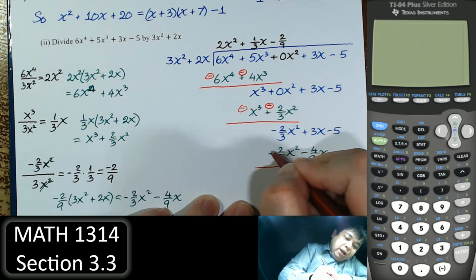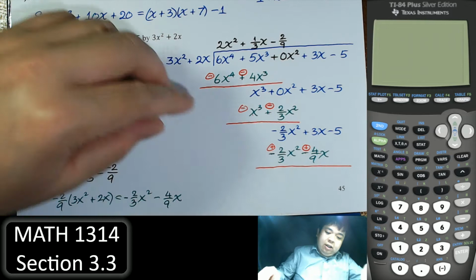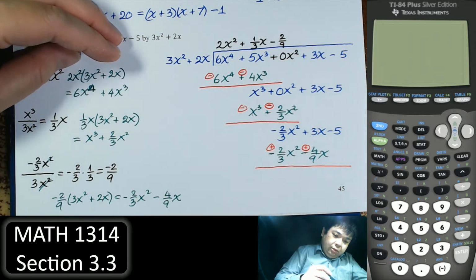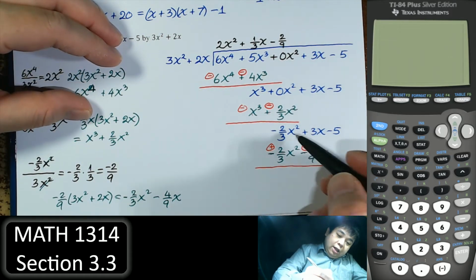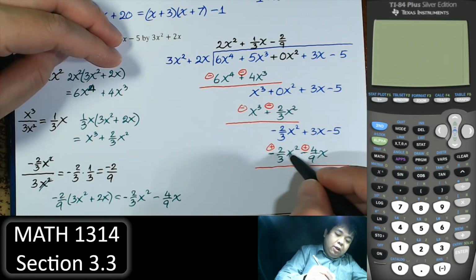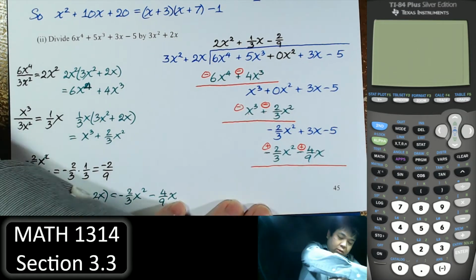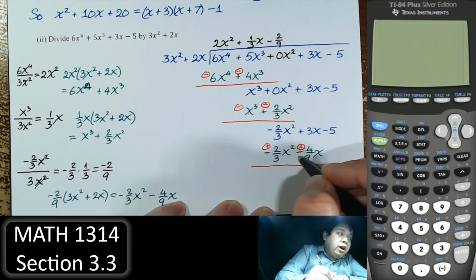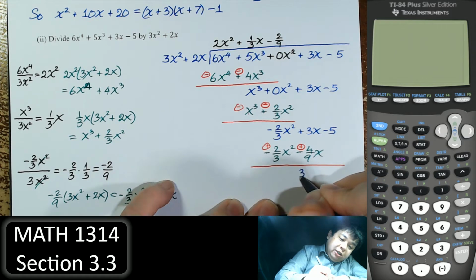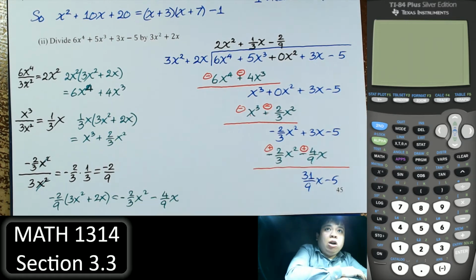So negative to positive, negative to positive. That cancels out, and then we have 3 plus 4 over 9: 9 times 3 is 27, so 31 over 9. Right, so that's what we have.